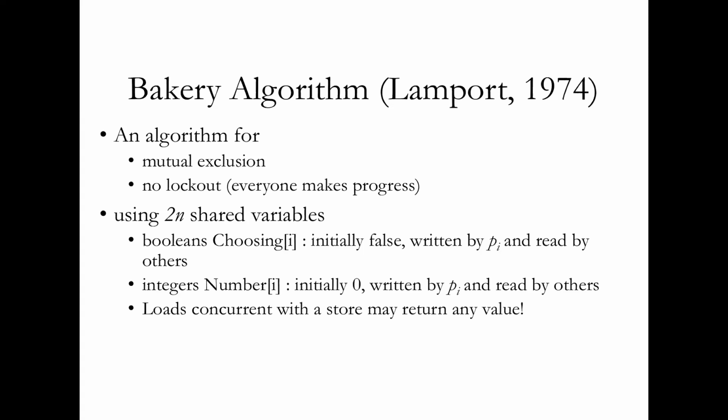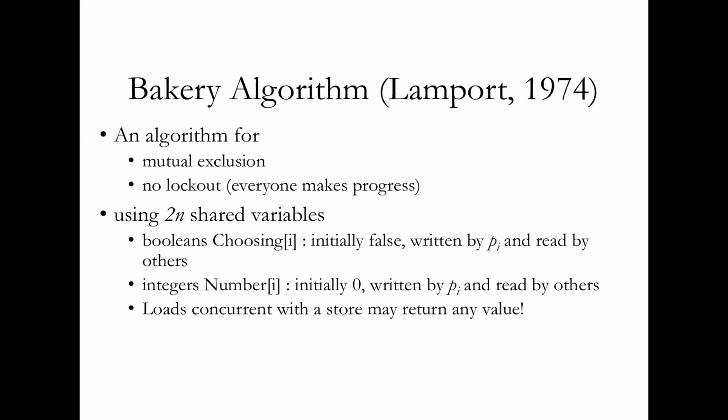And then there is number. The number is an integer. It's again an array, which is going to have its own entry for every task. Initially it's 0, but otherwise it represents the ticket number that corresponds to the current task. By ticket number, I mean, let's say you came to some line and you want to enter a room, but you have to stand in line.